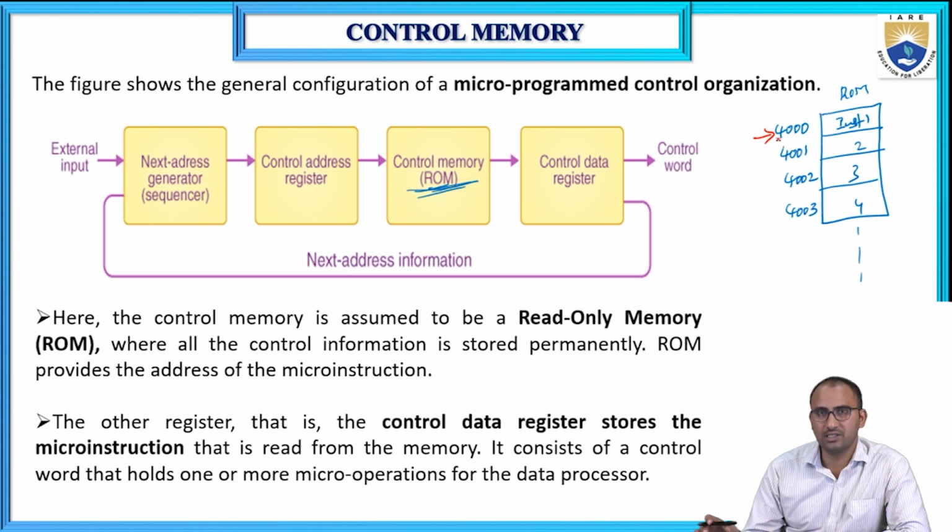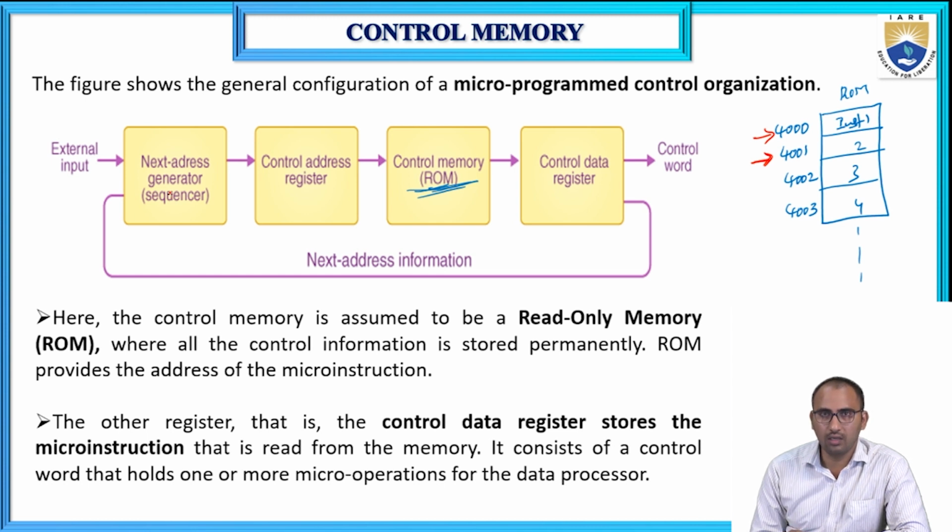So once the instruction in the 4000 location is executed, the CPU has to go to the next address, that is nothing but 4001. This next address is calculated using the next address generator, in this block diagram. So this next address is generated using this next address generator.